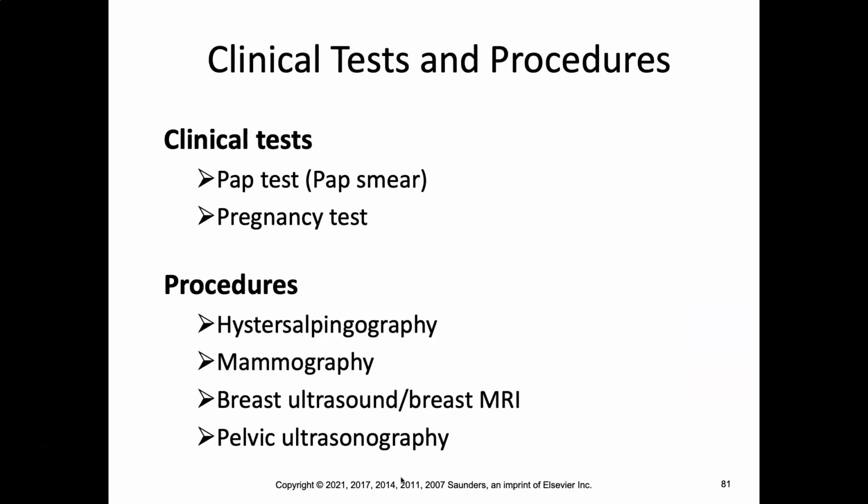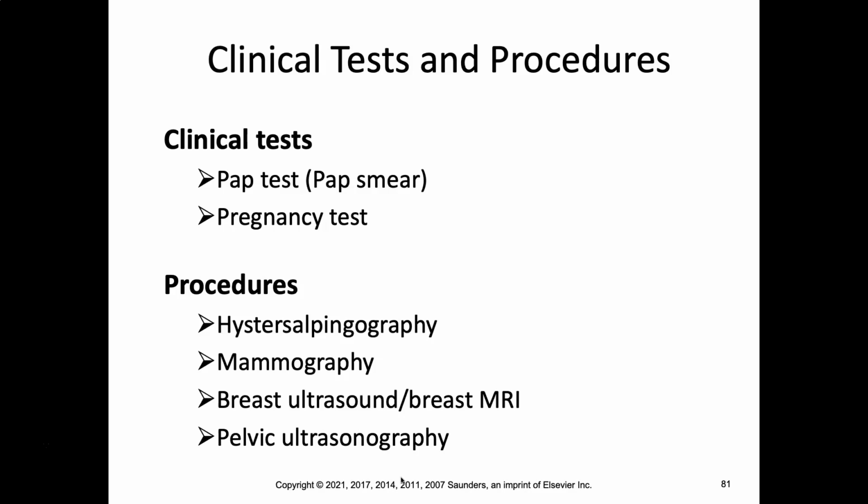So what are some clinical tests and procedures? There's a Pap test, a Pap smear test, that primarily looks for cancerous cells in the cervix. Pregnancy tests. There is hysterosalpingography.